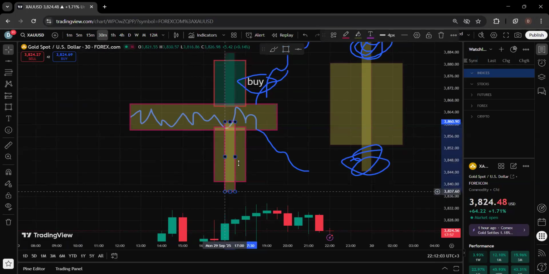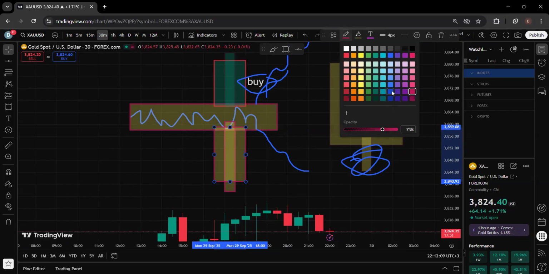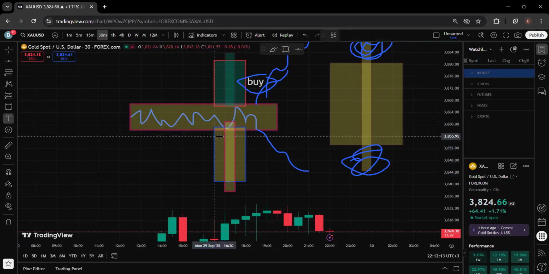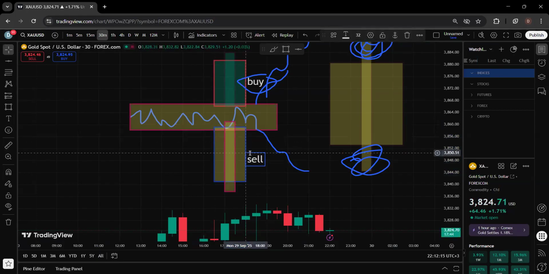If the candle closes below, we are going in to take a what? To sell. So this will be a breakout on the lower side. If it closes above our consolidation, this will be a breakout on the upper side.